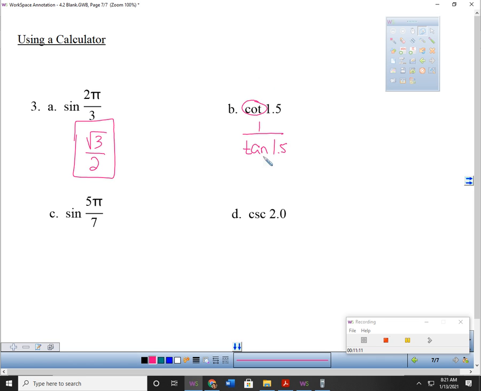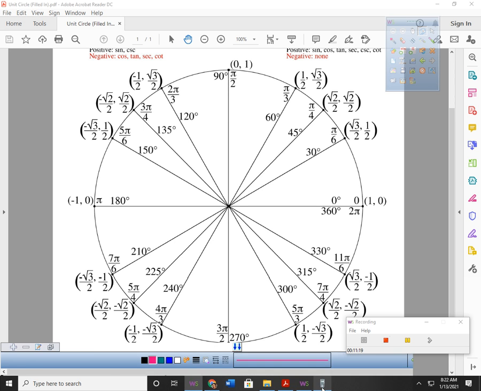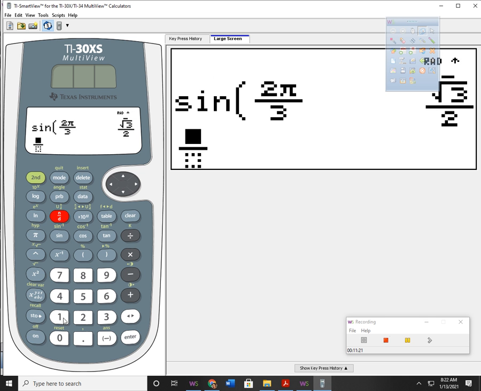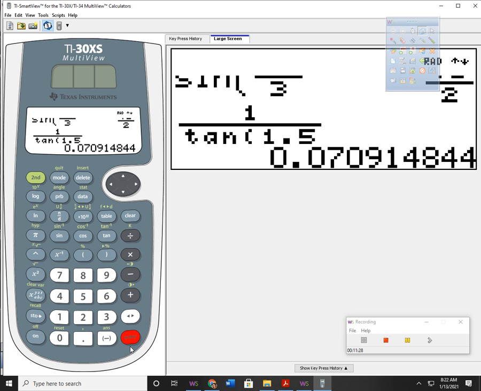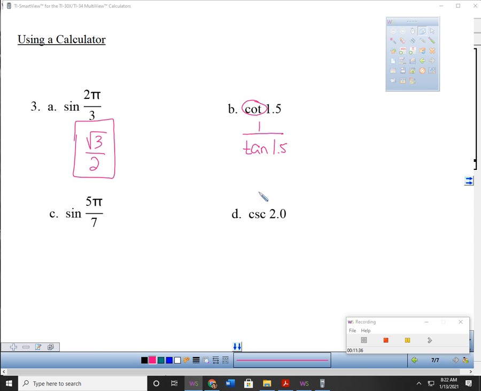You're going to do 1 over tan of 1.5. And you get 0.07. We'll just round to 2 here.